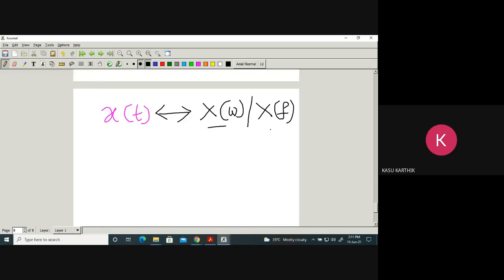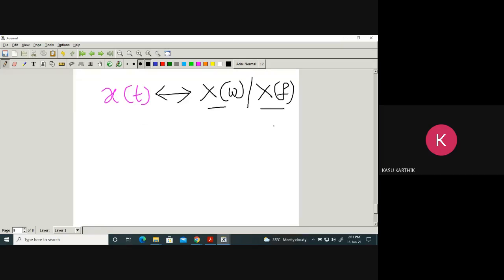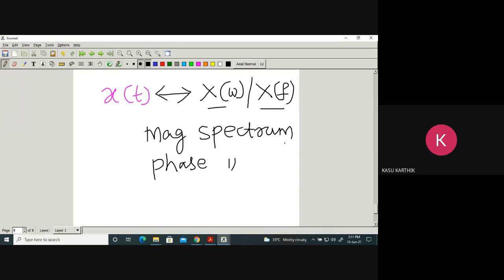The Fourier transform has two spectrums: the magnitude spectrum and the phase spectrum. Here we deal with the magnitude spectrum.